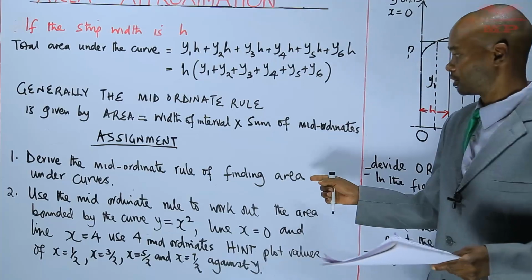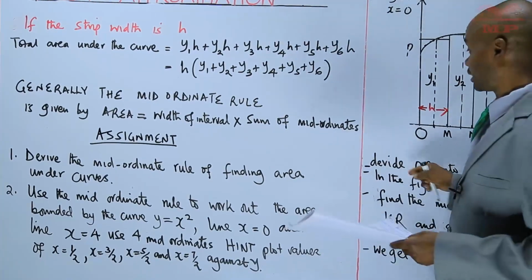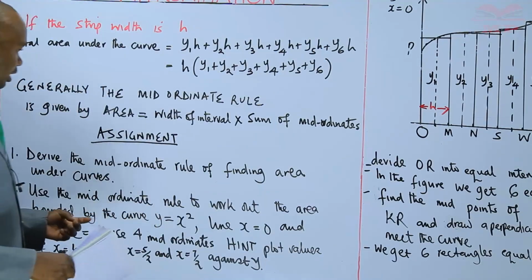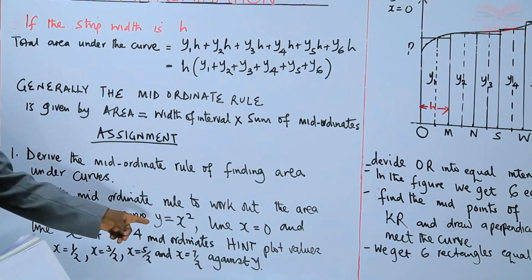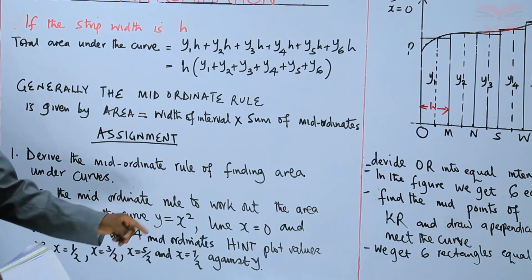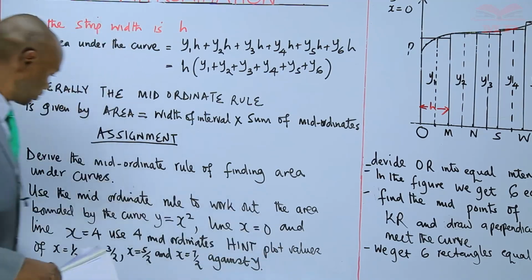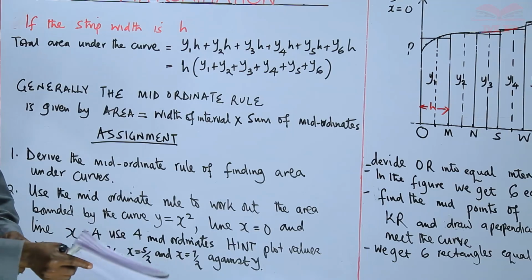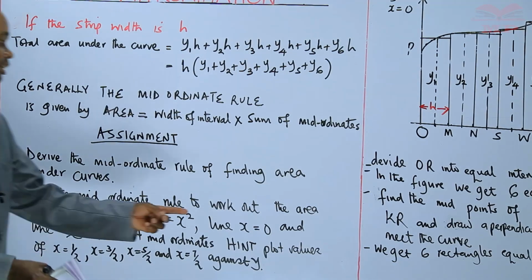Derive the mid-ordinate rule of finding area under curves, and 2. Use the mid-ordinate rule to work out the area bounded by the curve y equals x squared, line x equals 0, and line x equals 4. Use 4 mid-ordinates. There is a hint there.